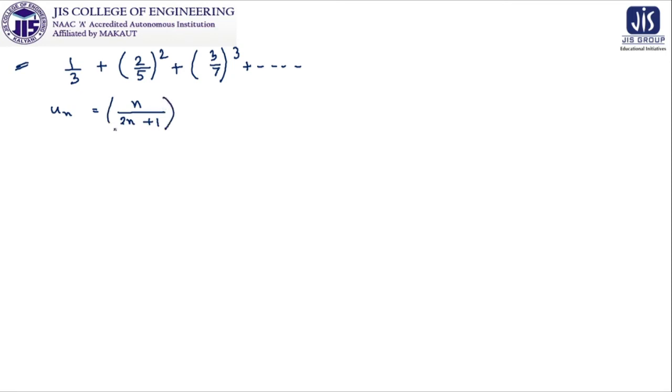The series is given as 1 by 3 plus (2 by 5) whole square plus (3 by 7) whole cube plus, so here we get un as (n by 2n plus 1) whole to the power n.